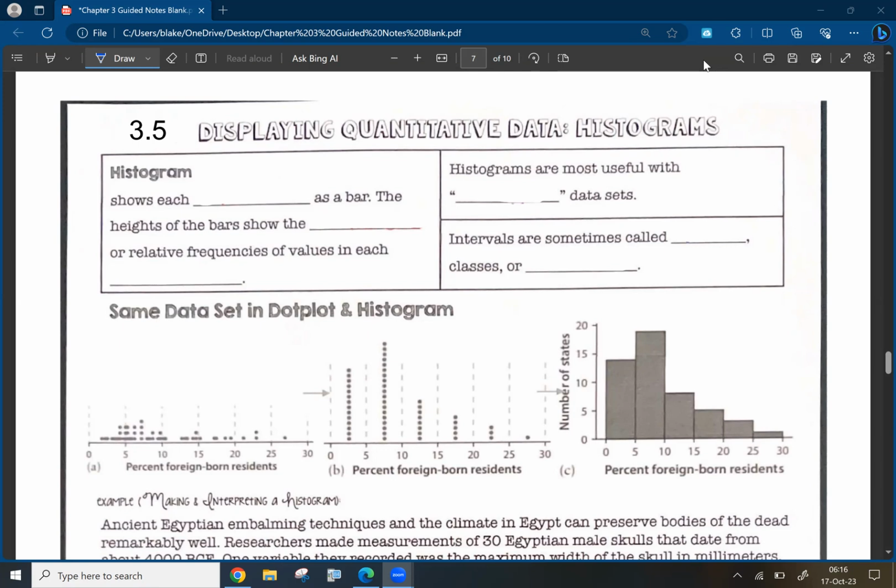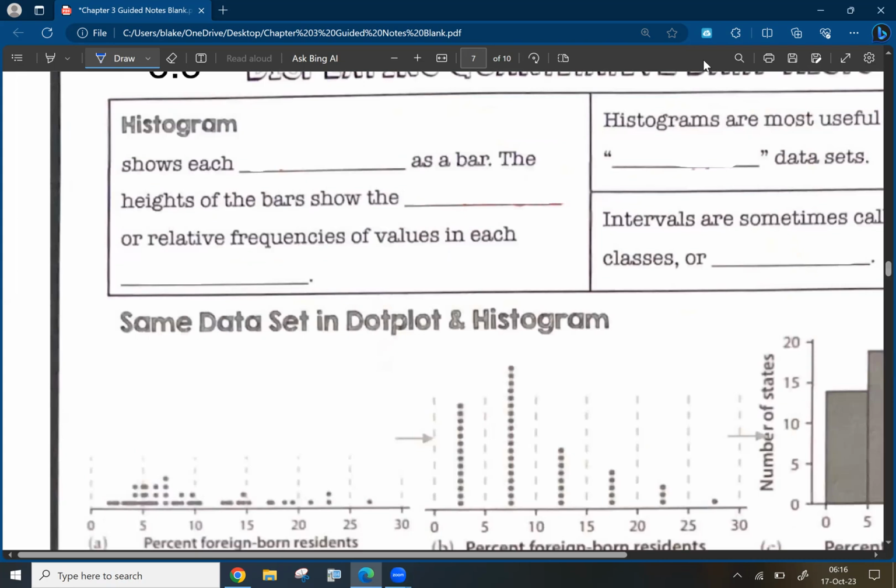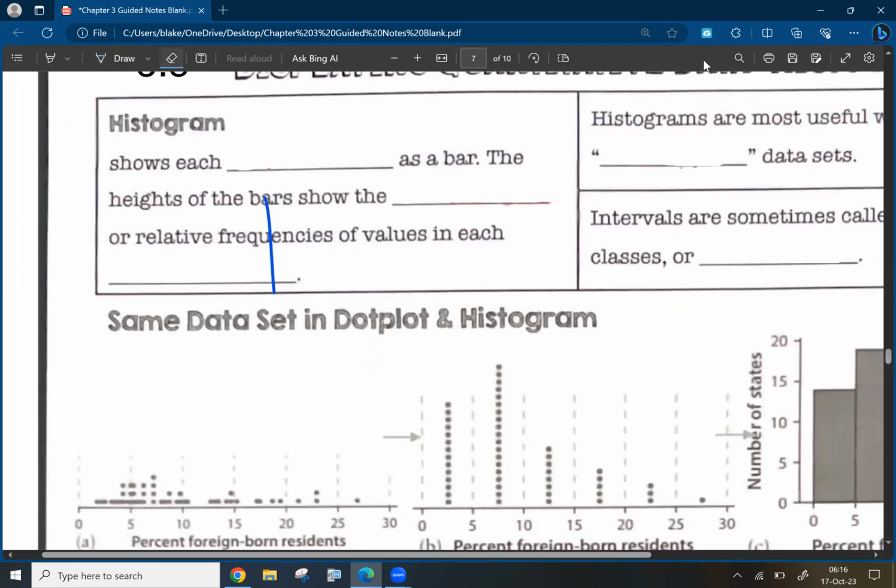First thing is a histogram shows each interval as a bar. The heights of the bars show the frequencies or relative frequencies.